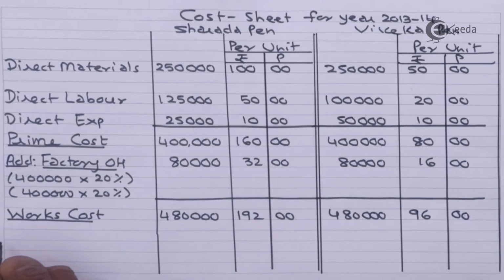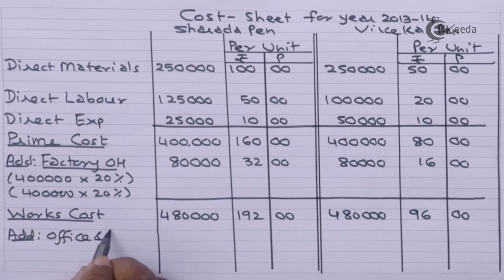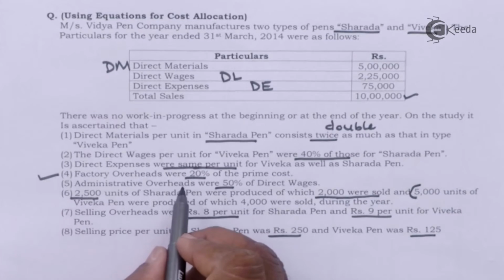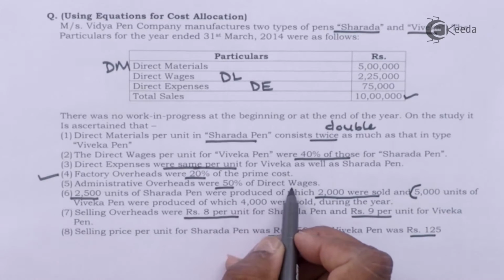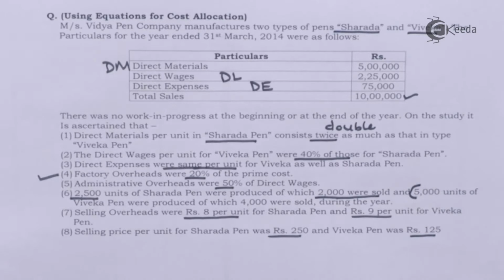To this we are required to add office and administration overheads. Administration overheads were 50% of direct wages. So we have to take 50% of direct wages to arrive at administration overheads.